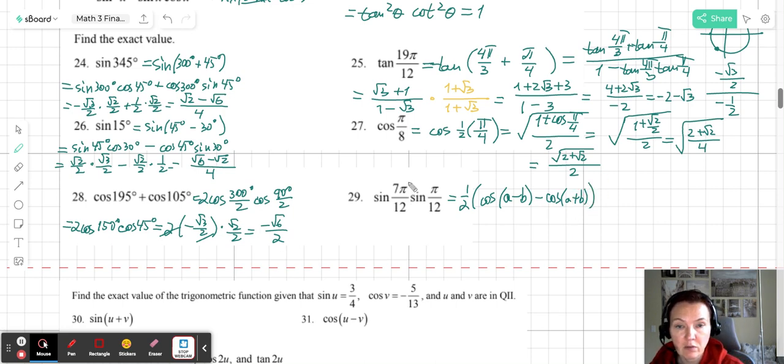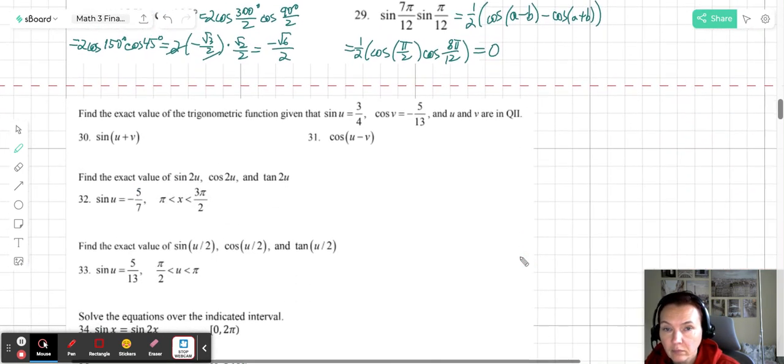All right, 7 pi over 12 minus pi over 12, that's 6 pi over 12, which is just pi over 2. And cosine of a plus b, that's going to be 8 pi over 12. I'm not even going to bother multiplying those because I know that cosine of pi over 2 is just 0. That's it.